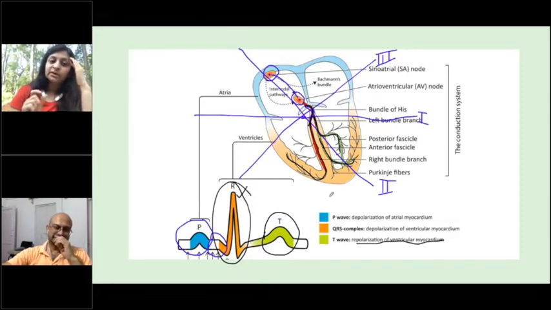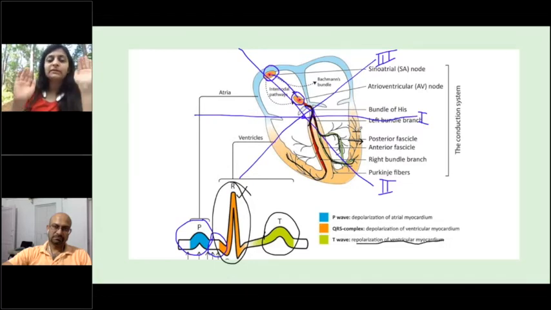Why? Because the depolarization happens from the endocardium, which is the inner lining of the heart, going on to the outside of the heart, which is the epicardium. Even though the heart is depolarizing from inside to outside, when it starts repolarizing, instead of repolarizing in the opposite direction, it repolarizes in the same direction, which gives you the T wave, which is in the same direction as the QRS.